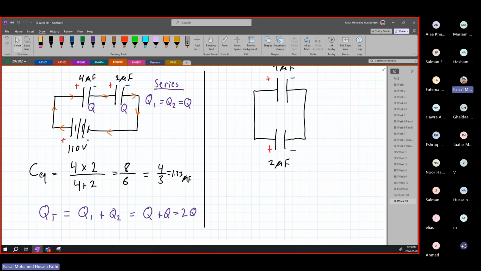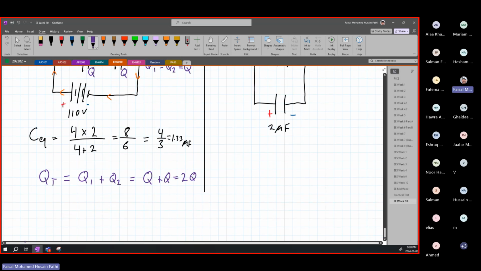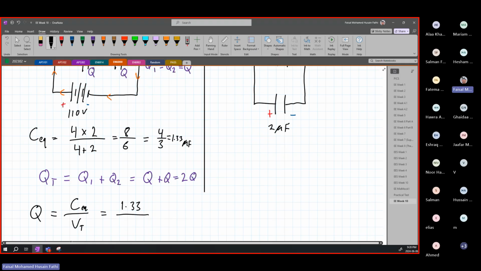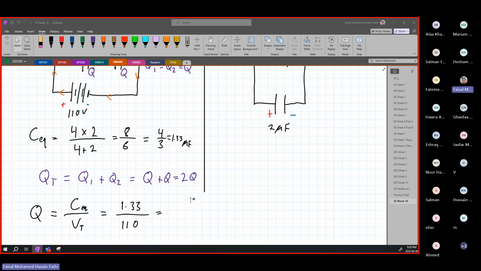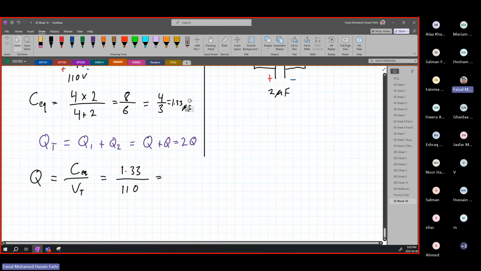How do you find the charge of the capacitor? Very simple. Q is equal to capacitance over voltage total. So capacitance total or equivalent over the total voltage, or in other words, it is 1.33 over the voltage total, which is 110. So our Q. Tell me what I did wrong here. What is the mistake I made here? I put 1.33 but this is micro.